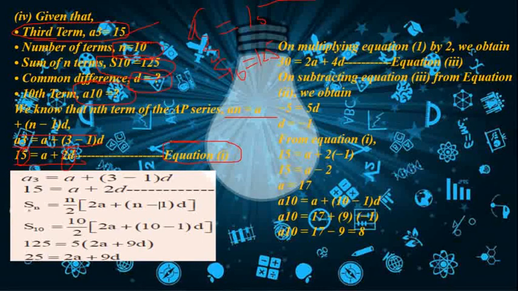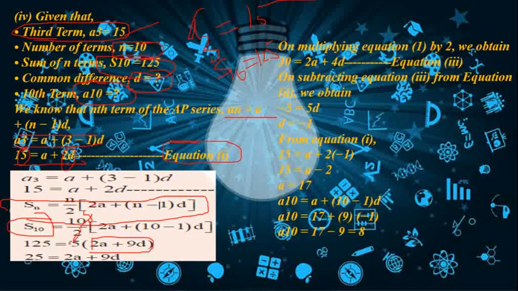Similarly, as we know, the formula for Sn, the sum of n terms, is n by 2 into 2a plus n minus 1 into d. Now substitute the values: S10 will be equal to 10 by 2 into 2a plus 10 minus 1 into d, that is equal to 5 into 2a plus 9d.